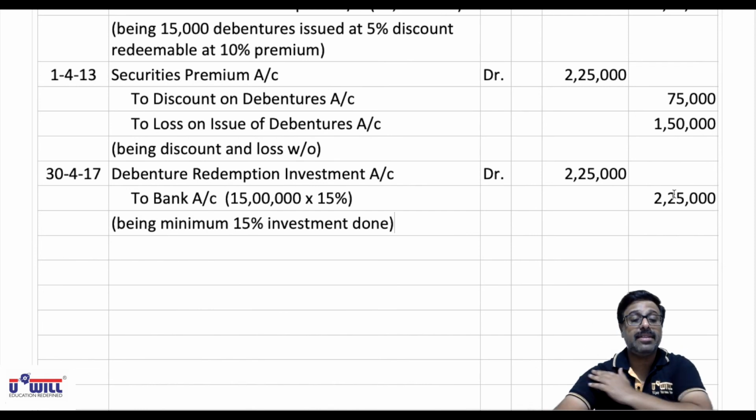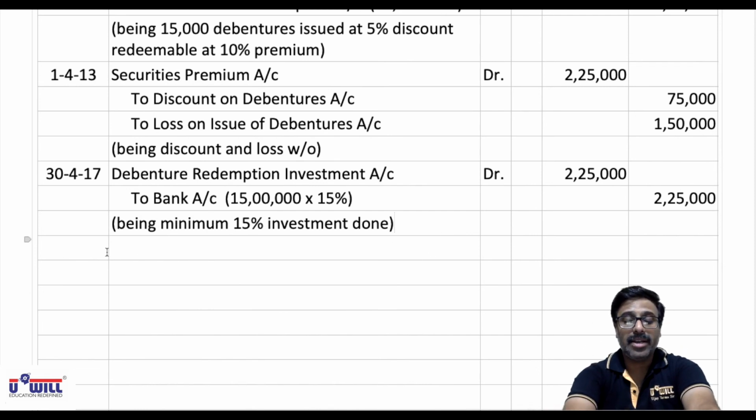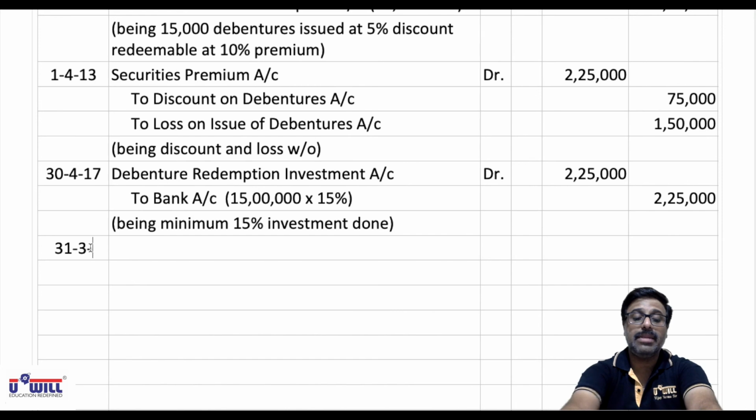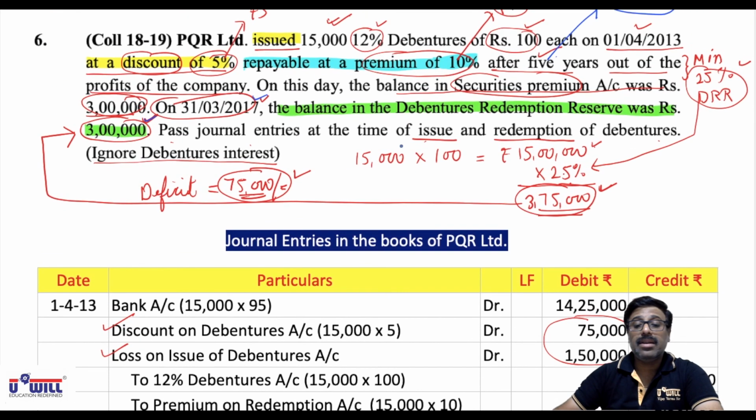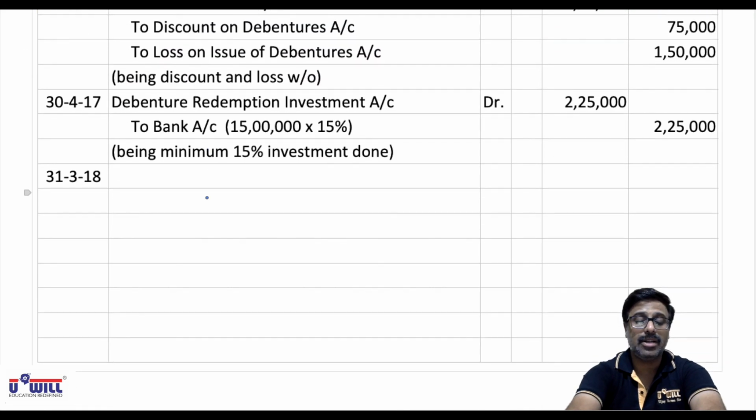I hope everyone is clear with that. And then by 31st March 18, we will redeem the debentures. Even in redemption of debentures, what did we discuss? We must have 3,75,000 in the debenture redemption reserve, but we have only 3 lakhs. So 75,000 will be transferred to debenture redemption reserve to make 3,75,000.